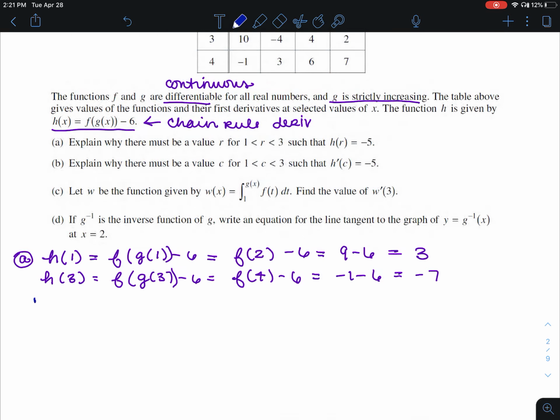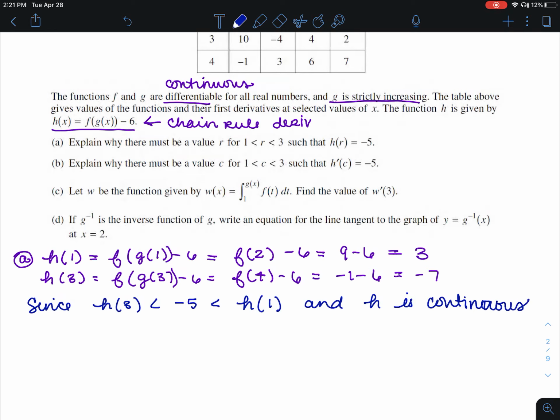And then we're going to write: since h of 3 is less than -5, which is less than h of 1, and h is continuous, by IVT some value of x equals r exists.